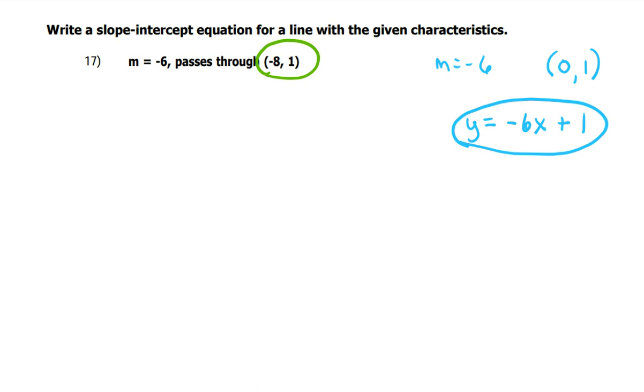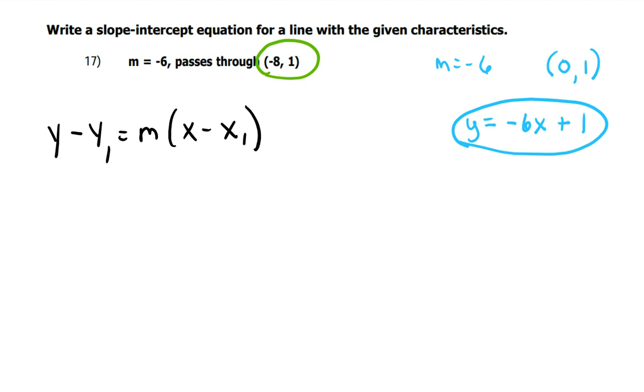You're going to have to use what we call the point slope form of a line, which is y minus y sub 1 equals m times x minus x sub 1.